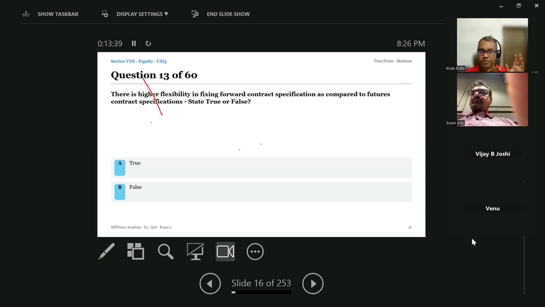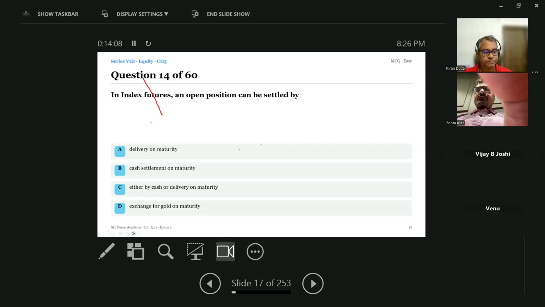What happens with a future contract? Future contracts are always standardized contracts. It is on exchanges. The cash and everything is settled by the settlement mechanism, and all that, right? So is there any flexibility in changing the contract there? No. That's the question. Correct. Bingo. Let's move on quickly.